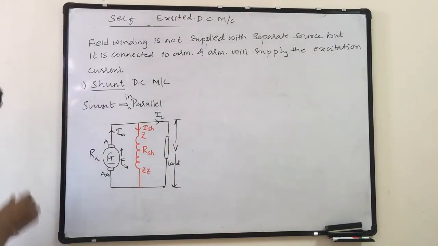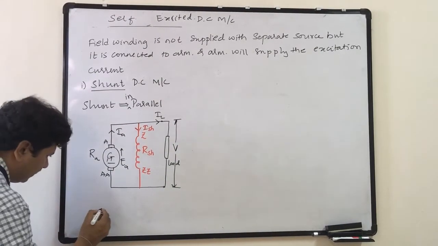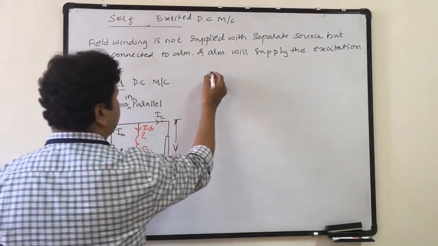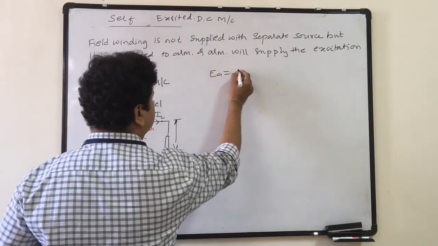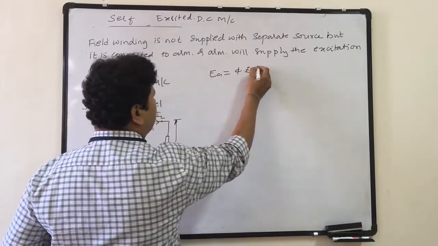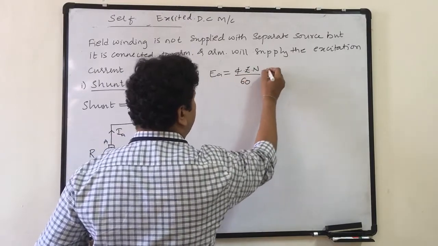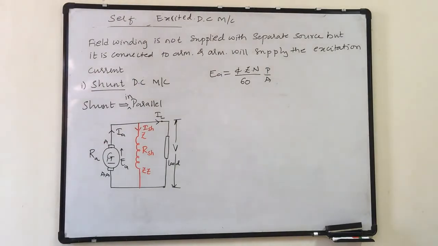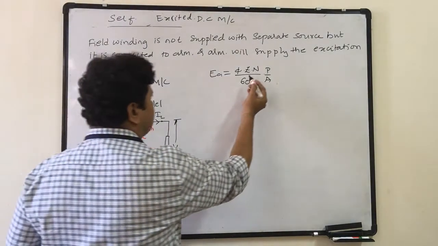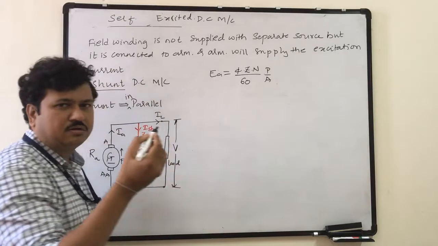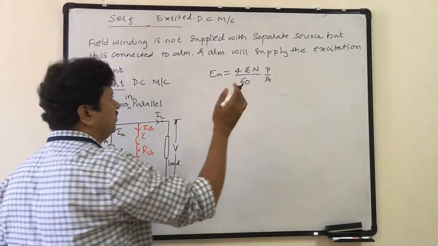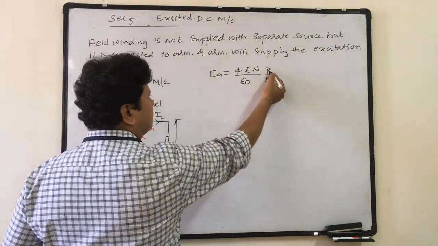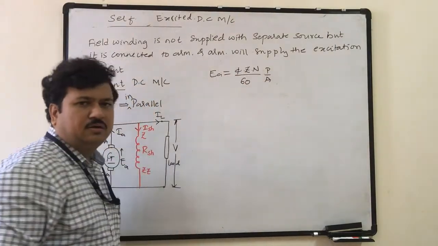Now this is for the shunt machine. Here I have EA equals phi Z n by 60 into P by A. Once the machine is manufactured, certain things remain constant: the number of conductors, poles, and number of parallel paths.